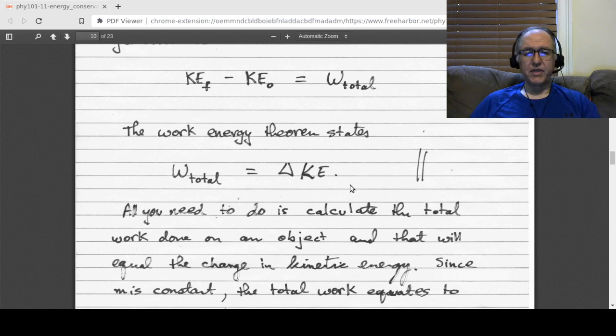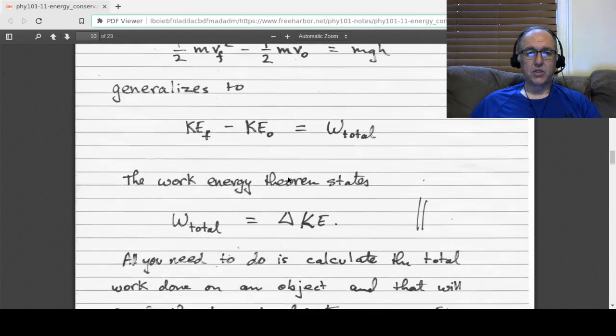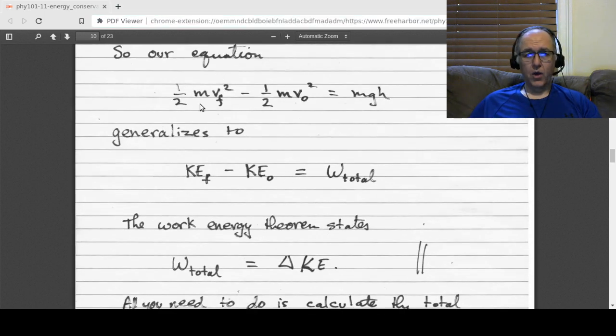It kind of makes intuitive sense. I know this is not the most rigorous proof, but it kind of makes sense. You push on an object, and what are you going to do? You're going to speed it up. Okay, but in terms of the work energy theorem, you do work on an object, you're going to change its kinetic energy. Now, just to remind you, kinetic energy is 1 half mv squared. Changing its kinetic energy, you're not going to change the mass. It's not like the thing gets bigger because you do work on it, because you apply forces to it.